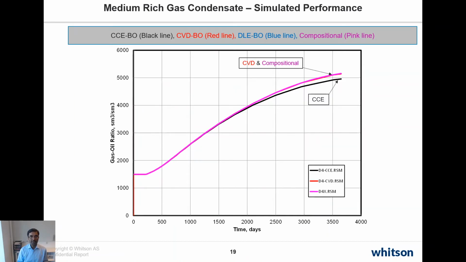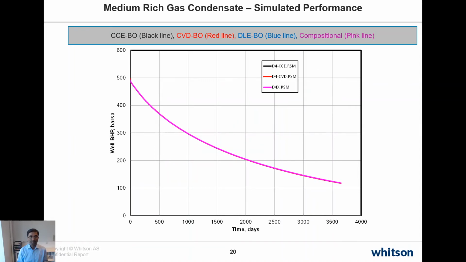This is the producing gas oil ratio, and here we see a slight difference between CCE and CVD. CVD is close to compositional at the end of the production period, but at the end the oil rate and gas rate are both quite similar. So this difference between CCE and CVD has practically no impact and it's not an issue.